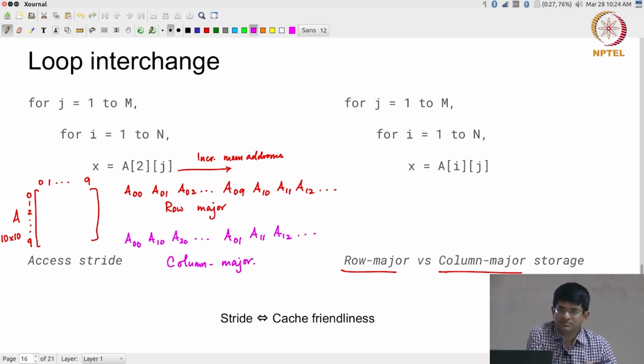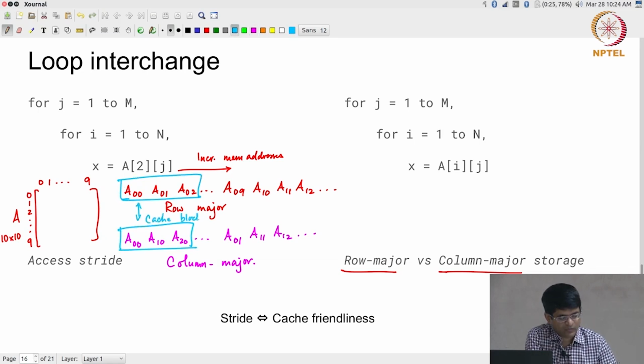What is the difference? Again related to caching, because caches will always pull out blocks based on increasing memory addresses, right. So if you had it in row major format, then it makes sense for you to access the data in the row major format, accessing them one by one in that case.